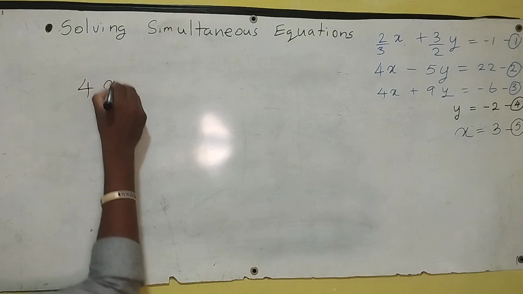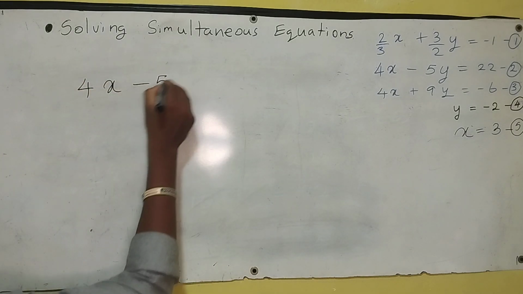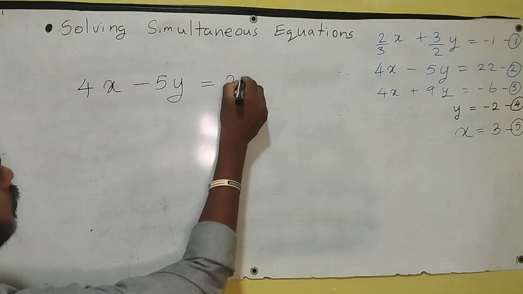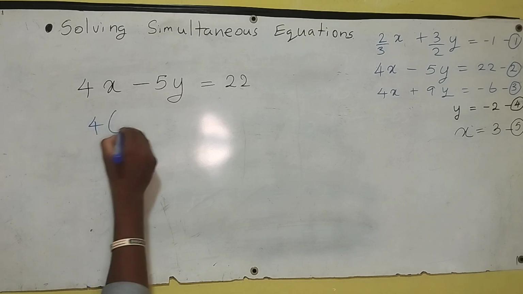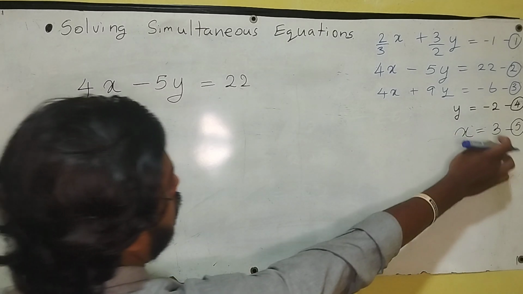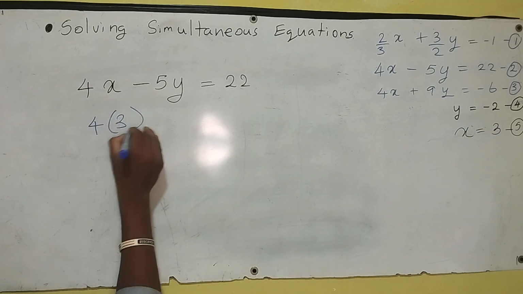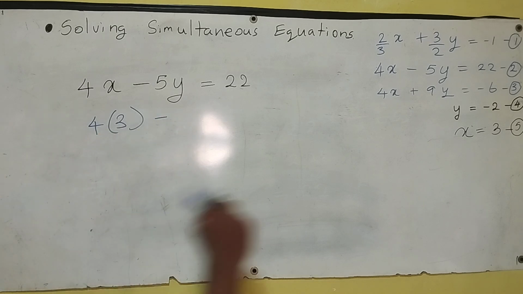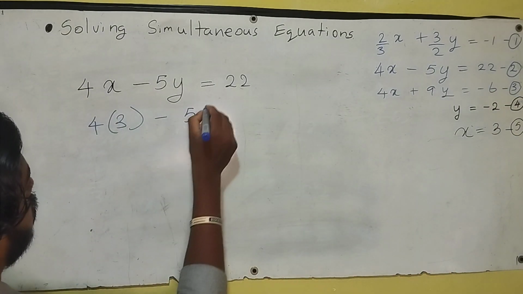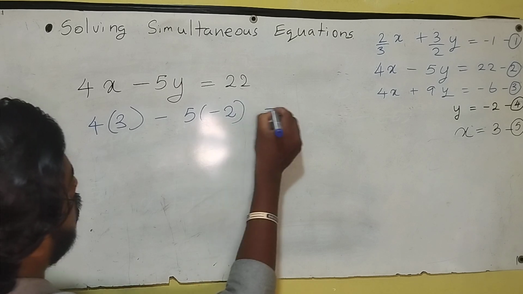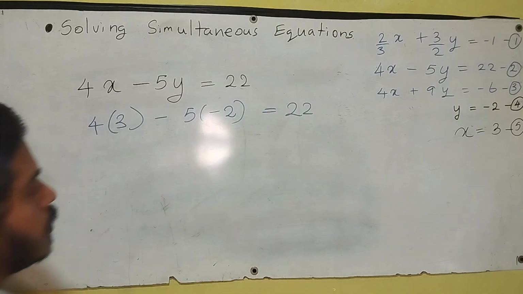I will write 4x minus 5y is equal to 22. Now I am going to substitute. 4 times 3 minus 5 multiplied by minus 2 is equal to 22.